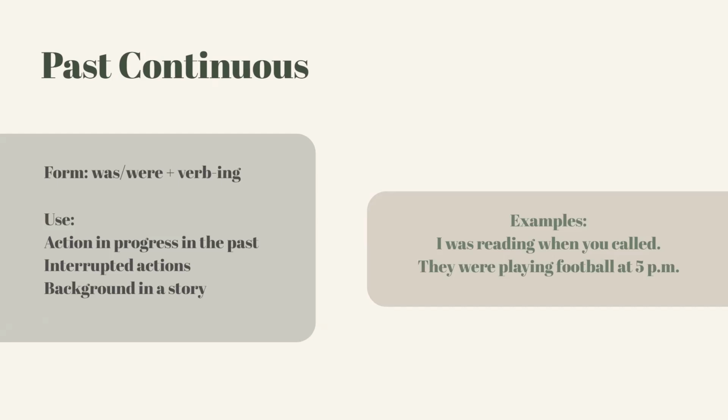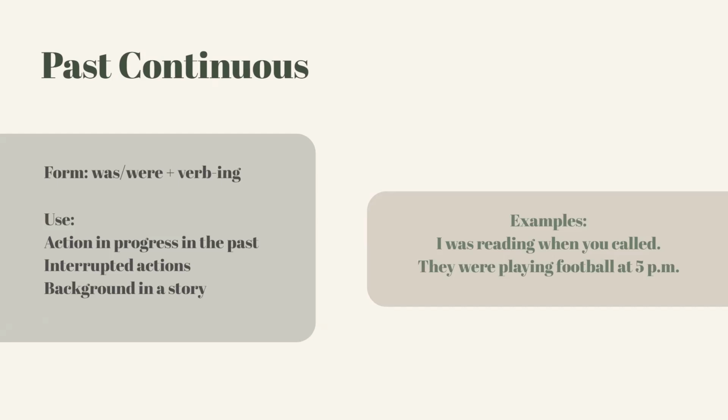And when we want to talk about an action in progress in the past, let's say that I was studying maths on my bed yesterday. I was continuing to study maths on my bed. And let's give another example, because this one could be quite confusing for some people.